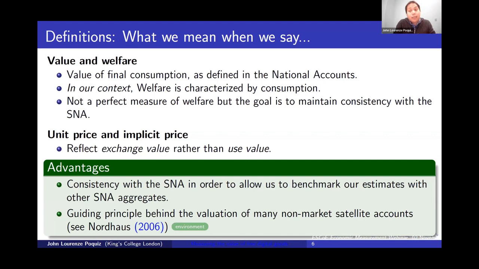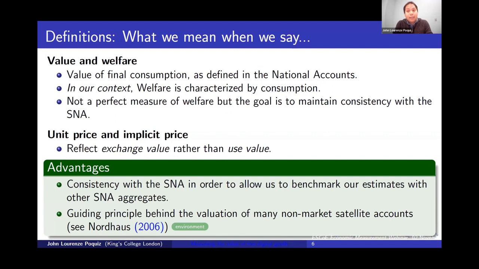And when we're thinking about estimating prices, we're trying to get prices which reflect the exchange value of these goods and services. The advantage of doing things this way is that we want to maintain consistency with the national accounts.